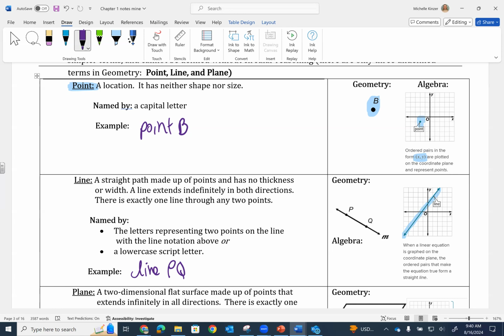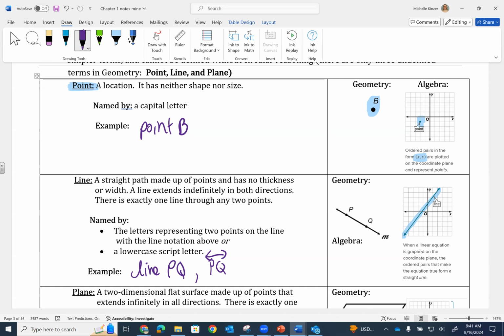So if you mean a line that goes through P and Q and goes forever in both directions, you would call it line PQ. You can use a symbol above it to talk about a segment. You can use a symbol above it to call it a ray, and we'll talk about those later on. But for the time being, we're going to talk about the line that goes through P and Q and goes forever in both directions. So that's how you abbreviate those values.